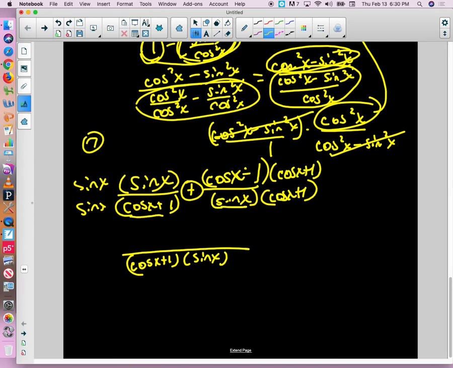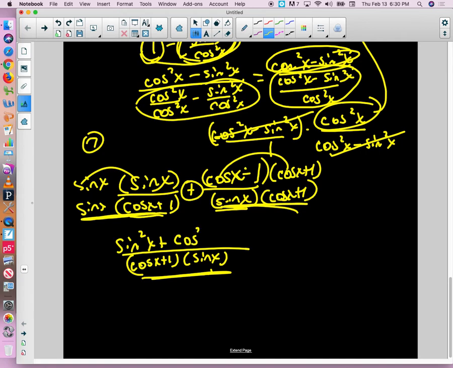So I got a common denominator. All right, so this gives me cosine x plus 1 times sine x on the bottom. Right here I get sine squared x plus, this gives me cosine squared x plus cosine x minus cosine x minus 1.